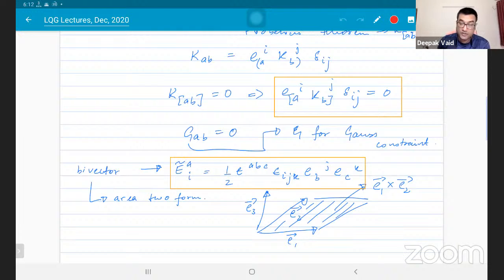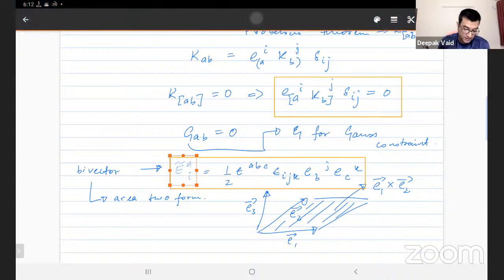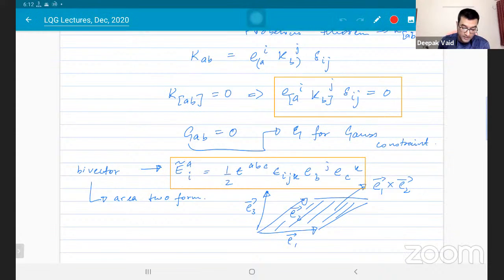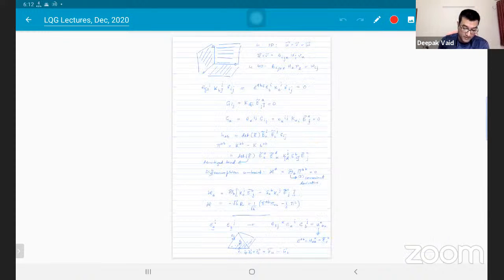Then for the other phase space coordinate, we introduce these densitized co-triads, and you can think of them either as one forms or as two forms, because in 3 dimensions you have the duality between one forms and two forms, right?